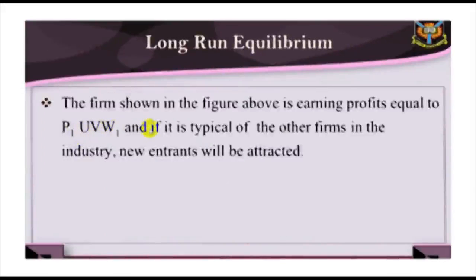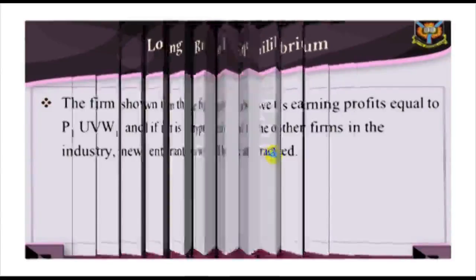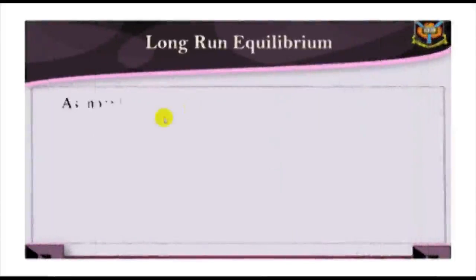Long-run equilibrium. The firm shown in the figure above is earning profits equal to P1 U V W1. And if it is typical of the other firms in the industry, new entrants will be attracted.